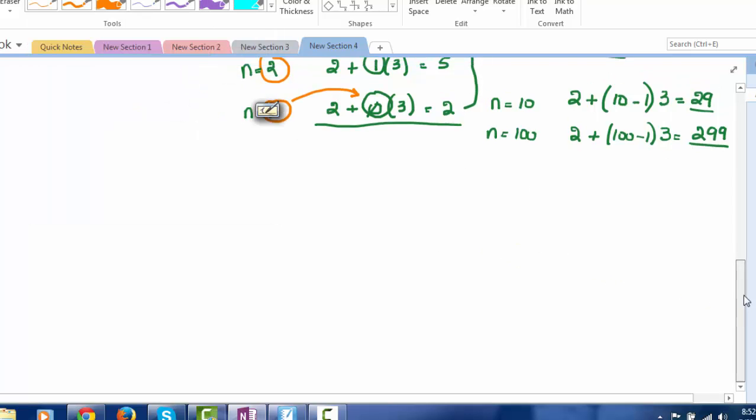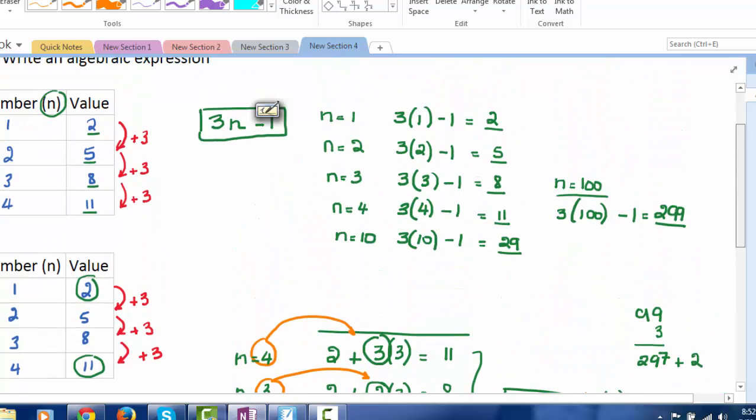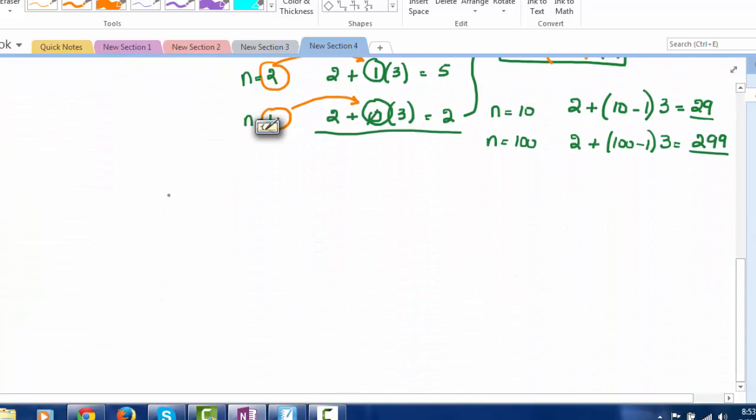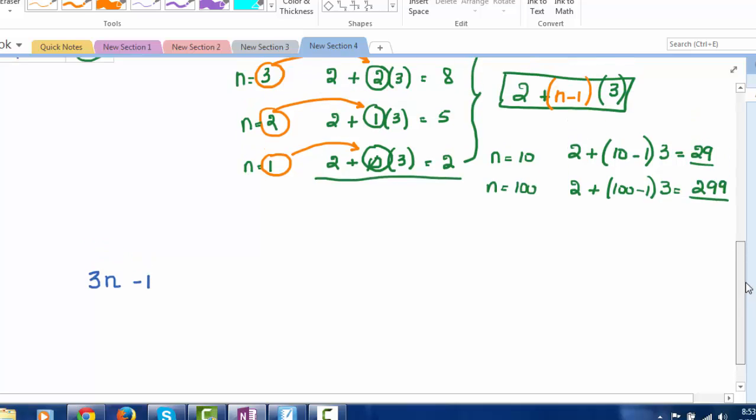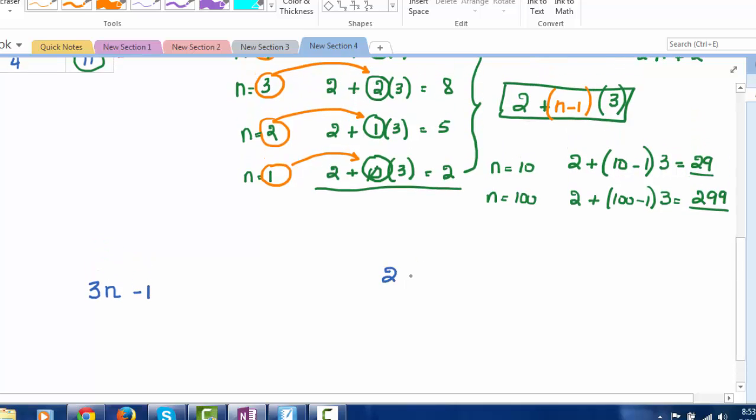The first algebraic expression was 3n minus 1. And the second one was 2 plus (n minus 1) times 3. How can I see that these two different algebraic expressions give me the same answer?